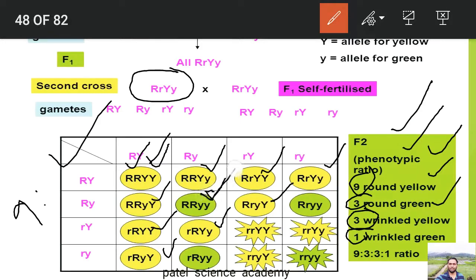So this cross is one of the round shape and green color new progeny. This is again round shape, green color, and this is again round shape, green color. So this light green color is indicating here three results, that is with the round shape but green in color.